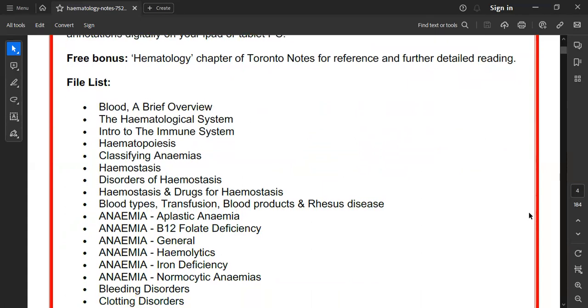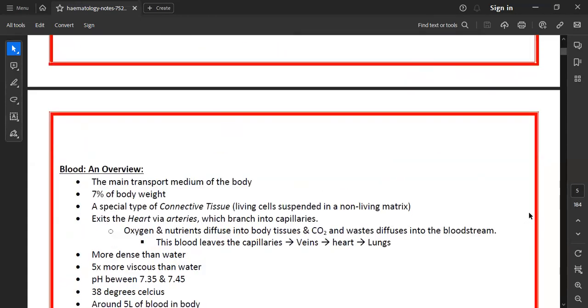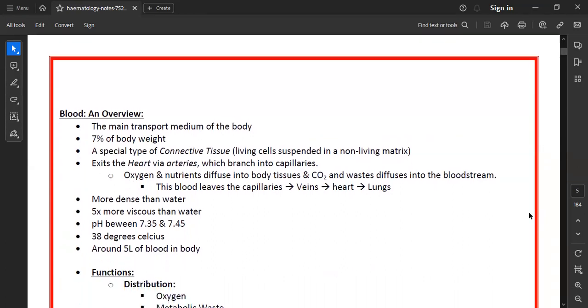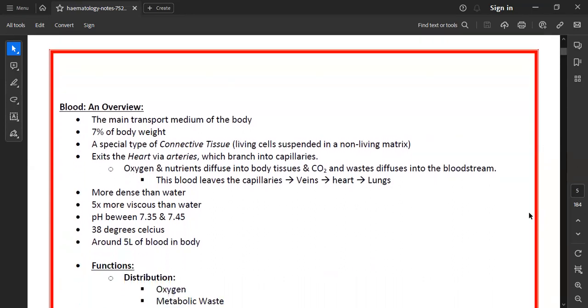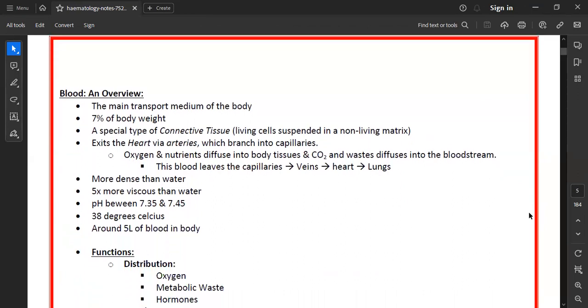These first few slides or pages basically have stuff that we know about the body, like the pH.